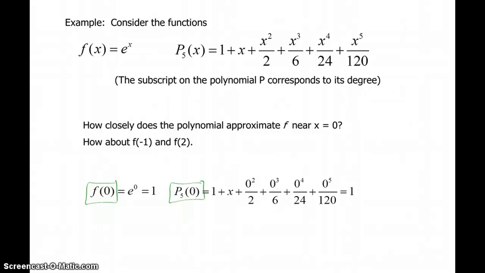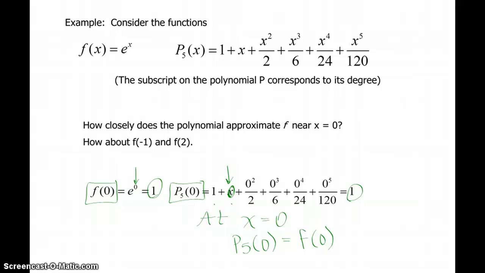Well, this one we can do. We know that e to the 0 is 1. Everywhere there's an x over here, we're going to plug in 0. We have 1 plus 0 squared over 2, and so forth. And we see that at x equals 0, p sub 5 of 0 is equivalent to f of 0.